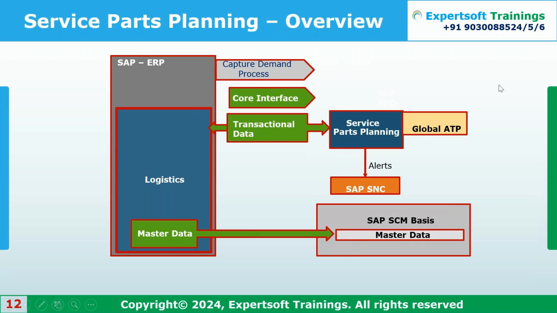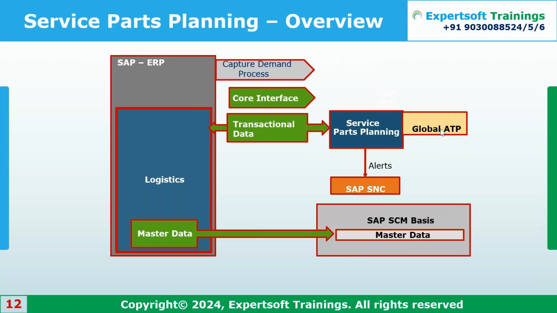Apart from that, GATP also comes into the picture here, and that is also under the PO box. GATP is mostly used to check the availability of products.